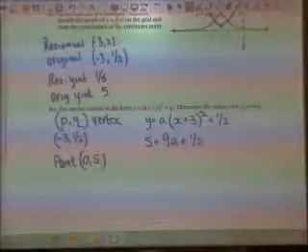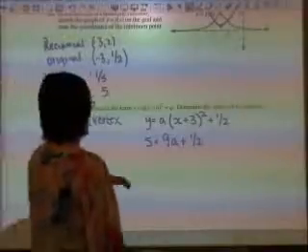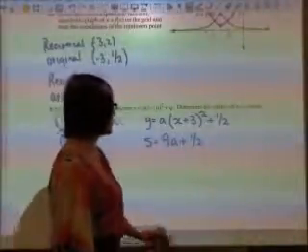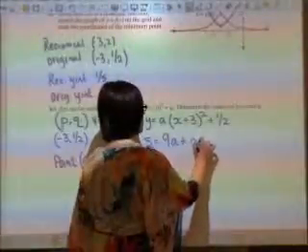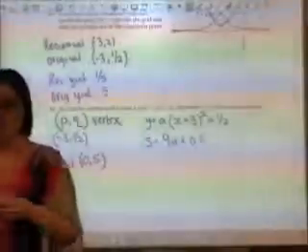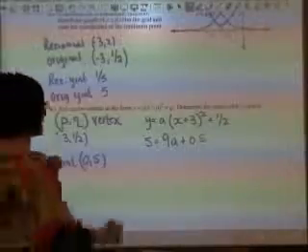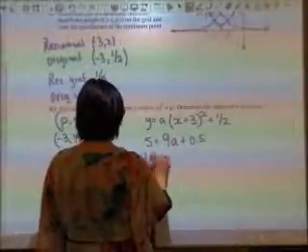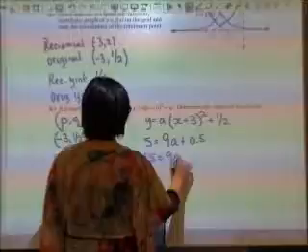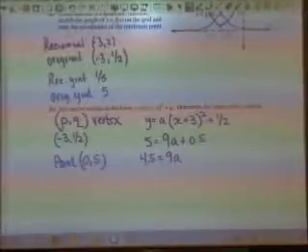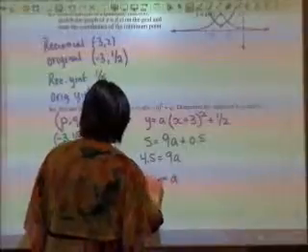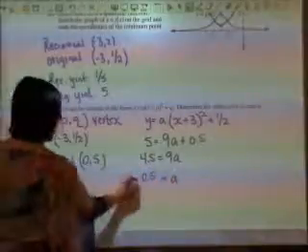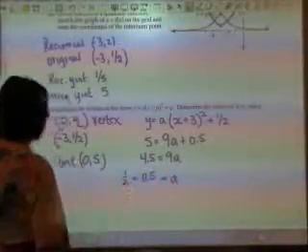So then to go through and continue solving this, I might find it easier at this point in time if I change that 1/2 to a 0.5, subtract by 0.5 on each side, and I get that 4.5 equals 9 times a, divide both sides by 9, and I get 0.5 or 1/2.